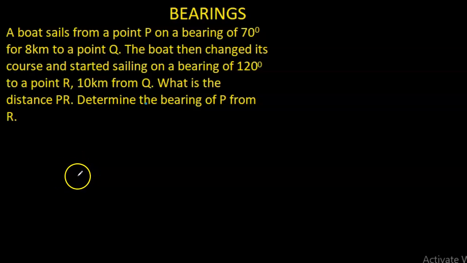So a boat sails from a point P. Where are you coming from? You're coming from a point P. You always establish first where you're coming from.